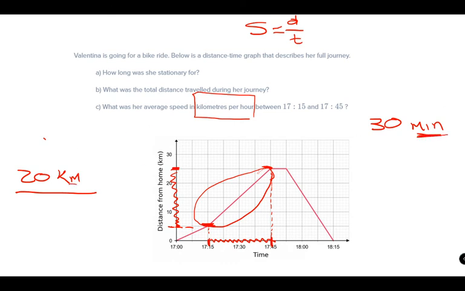This is not in hours. We have to transform that to hours. And remember, as we saw today in class, 30 minutes is 0.5 hours. So we use this instead, 0.5 hours. And if we make the division, we will get that it is 40 kilometers per hour.